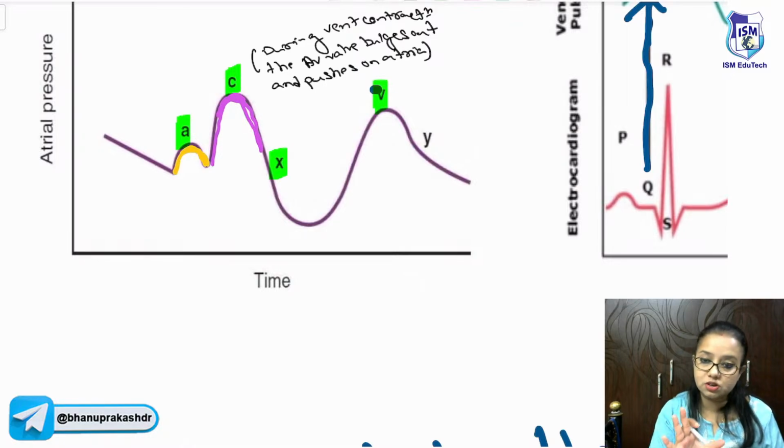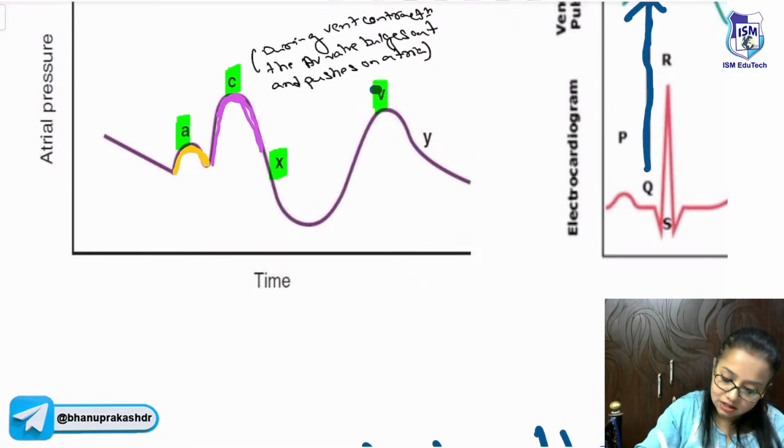So when it pushes on atria, there is a slight change in the atrial pressure. That is what is causing the C wave.